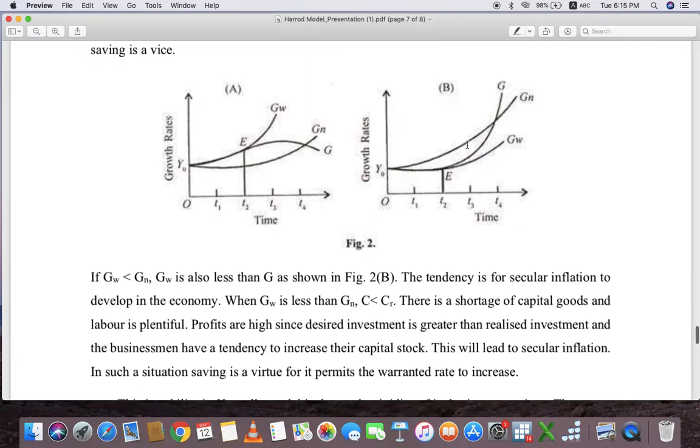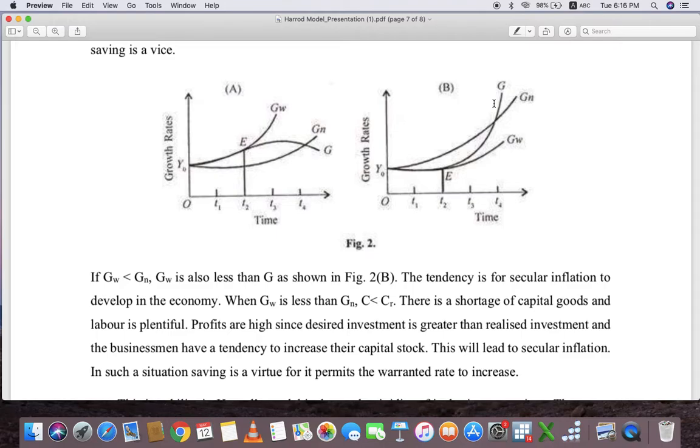Here GW is less than Gn, and so the economy starts from Y0, that is the full employment level of growth, and then goes on the warranted growth path up to point E, up to time period T2. But since the natural growth rate is higher than the warranted growth rate, the economy grows on, because there is no trouble for the economy to increase its demand.